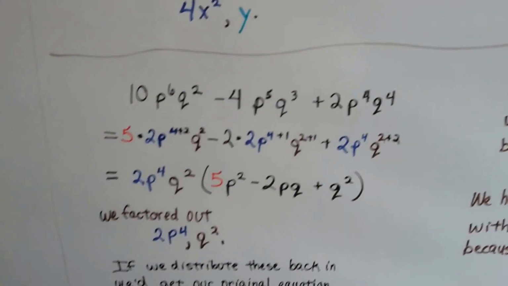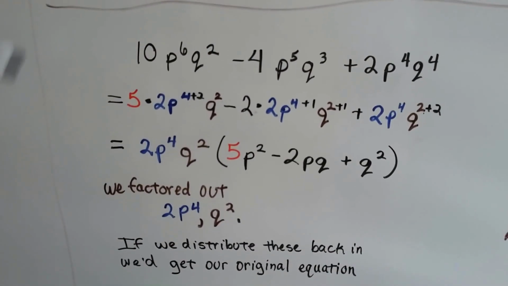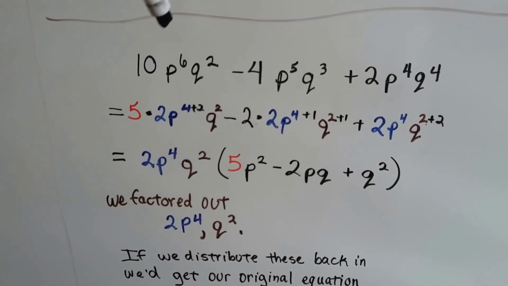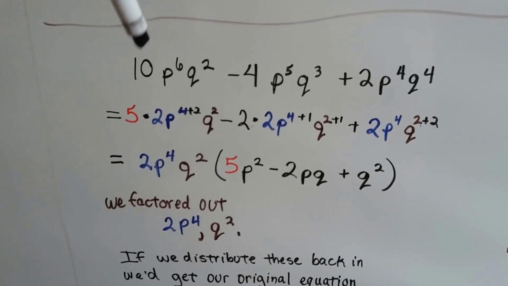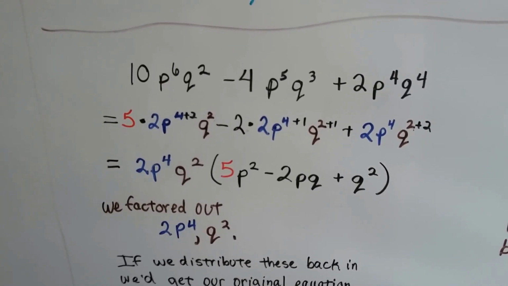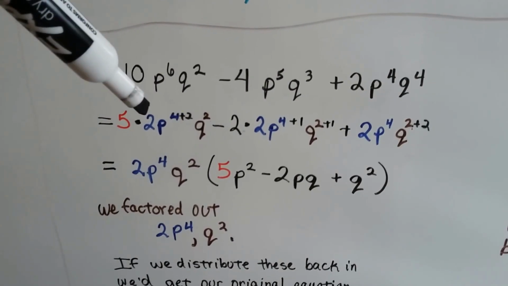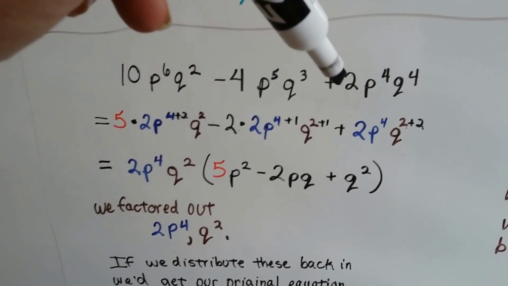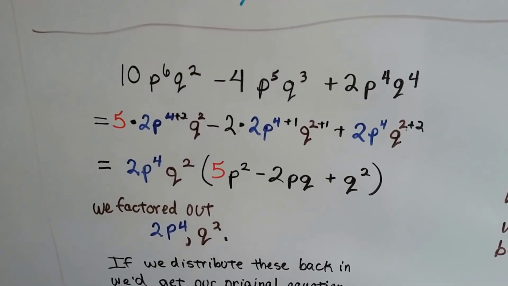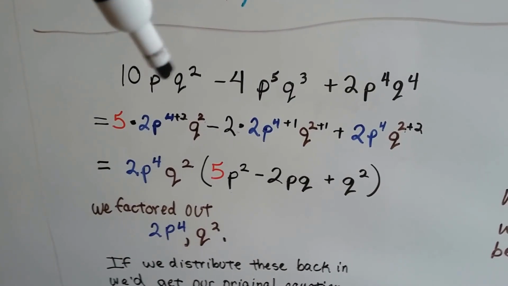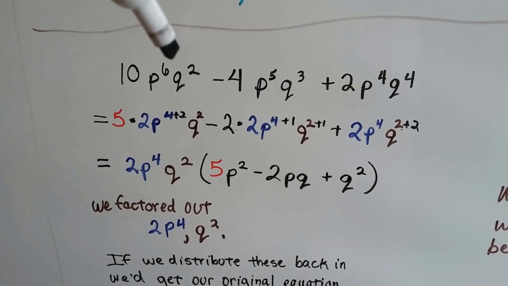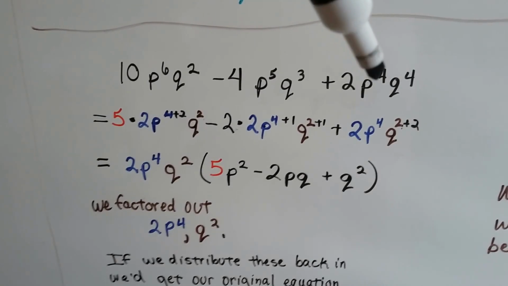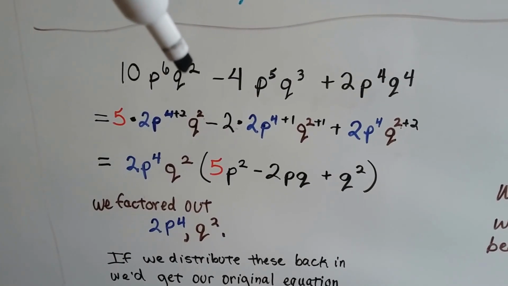Now this one's a little more difficult. It's a little more involved. What we do is we first look for what factors the 10, the 4, and the 2 have in common. Well, the 10 is a 5 times 2, the 4 is a 2 times 2, and that 2 is just its 2. We look at the variables here, and we see the smallest p is p to the fourth, and the smallest q is q to the second.